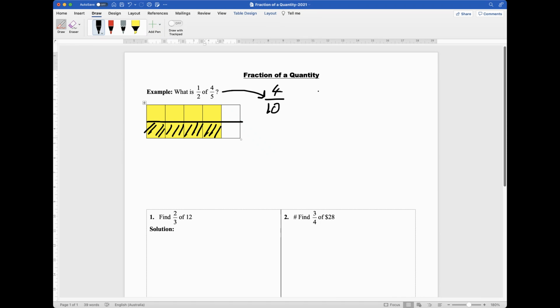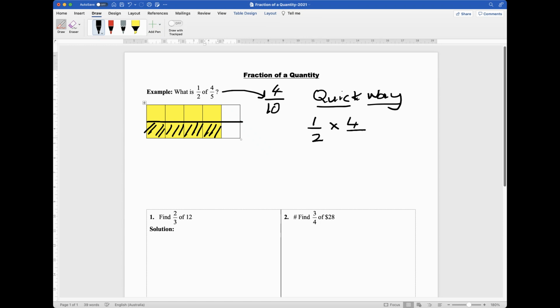Now there is a quicker way of doing this. The diagram is how to understand it, but we want a quick way. The quick way is to write down a half, and instead of the "of", we'll put times.